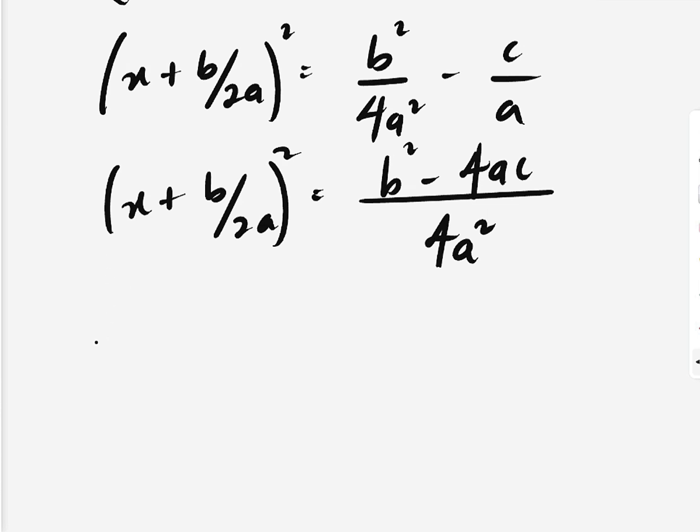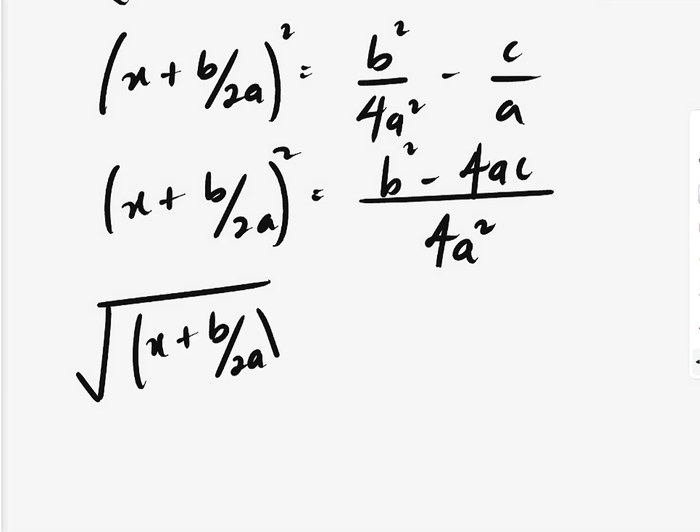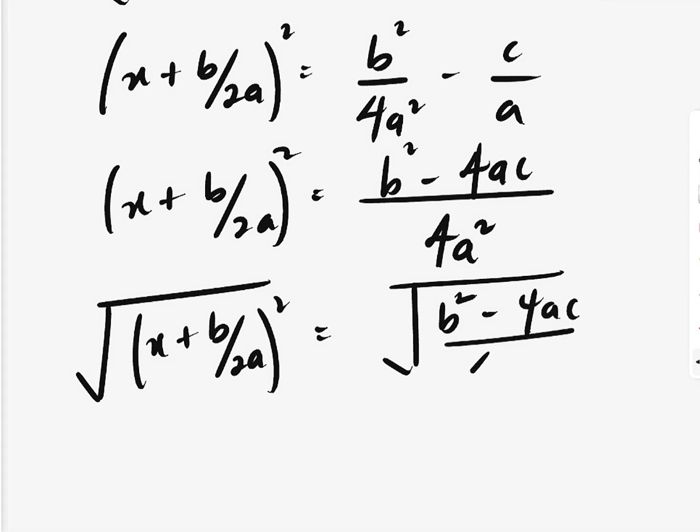We have the square root of (x plus b over 2a) square equals to the square root of (b square minus 4ac) over 4a square.